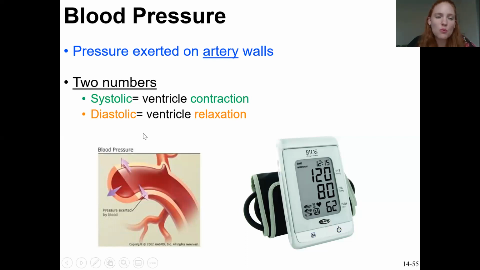Whereas the diastolic reading is the pressure on the artery walls when the ventricles are relaxed, so that would be the lower number. Typically they report systolic on the top and diastolic on the bottom, so for example, this would be called 120 over 80. So that's when the heart is contracting and when the ventricles are relaxed.